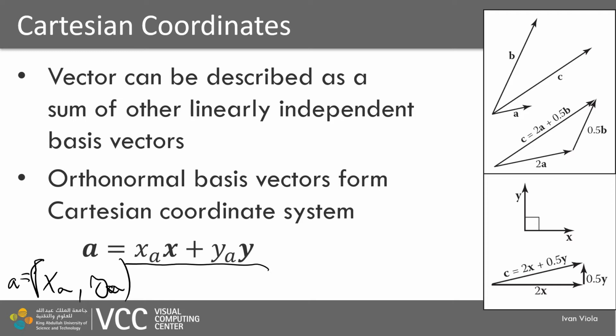And through this, we can obtain the vector A. Like, for example, here we have not the vector A, but the vector C, and this vector C we can obtain by 2 times x plus 0.5 times y vector.